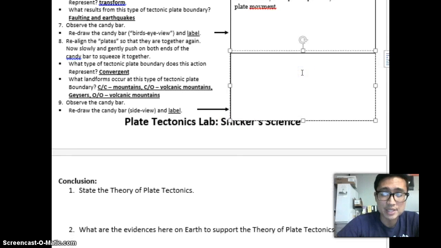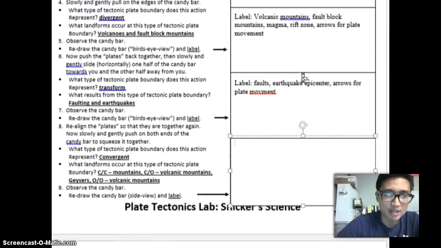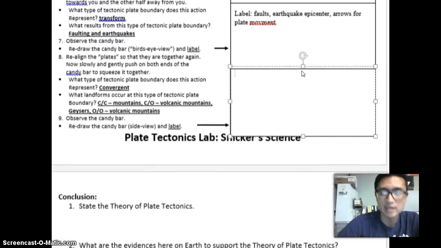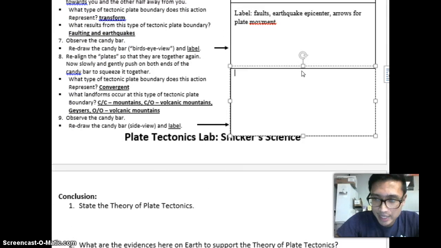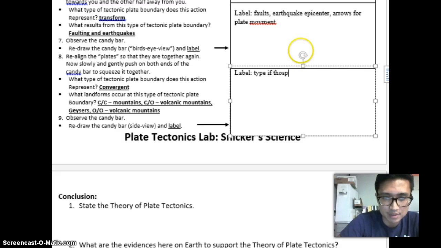Okay. In this fourth and final box, it is the fourth one, right? So you're going to write out the types of mountains that occur, okay? And you're also going to label the type of lithosphere crust.